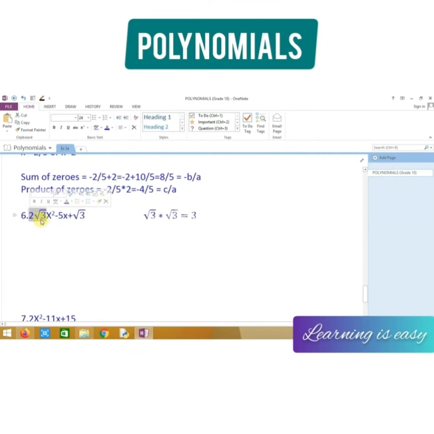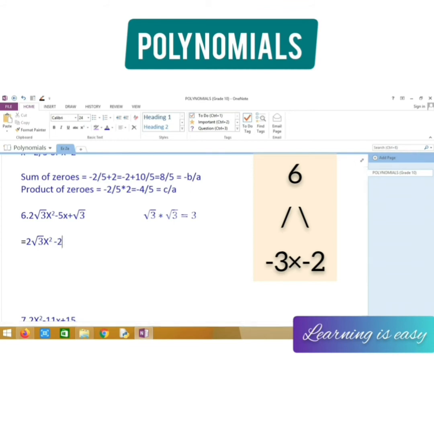Next is question 6. 2 square root of 3 x square. We should know here the constant should be multiplied. So it is 3 into 2 square root of 3, which is 6, which can be written as minus 3 into minus 2 to get minus 5x. So we can rewrite the equation. 2 square root of 3 x square minus 3x minus 2x plus square root of 3.